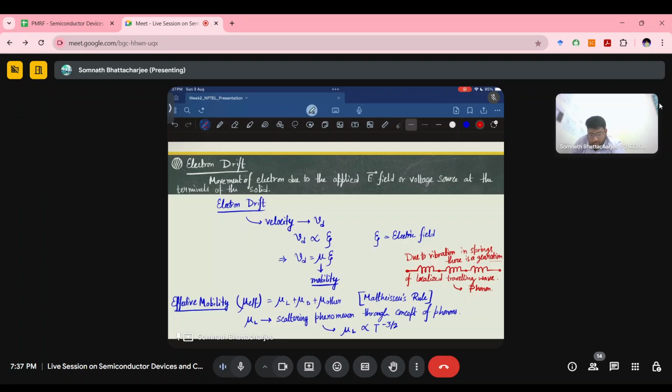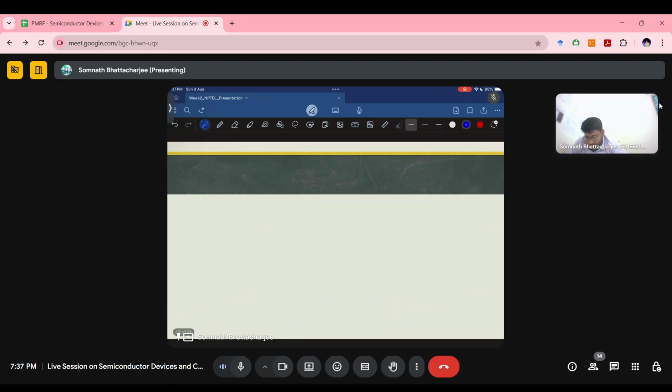From this concept of phonons, we can understand that mu L should be proportional to T to the power minus 3 by 2. Apart from that, we can also derive mu D, that is from the defects, which will be T to the power 3 by 2 divided by n, and this is based on the charge defects.